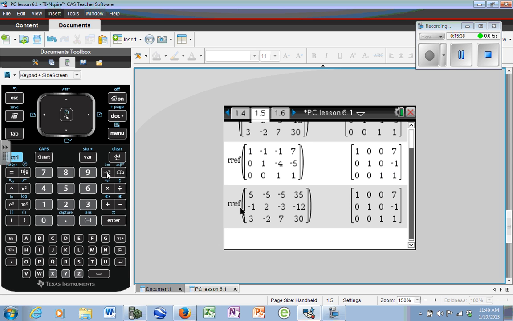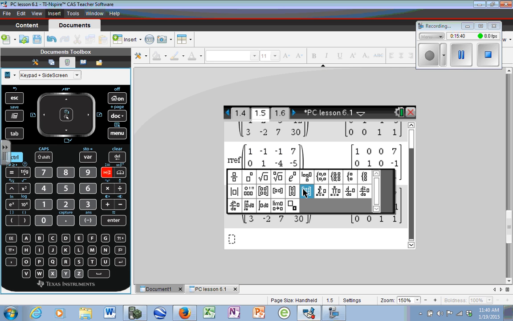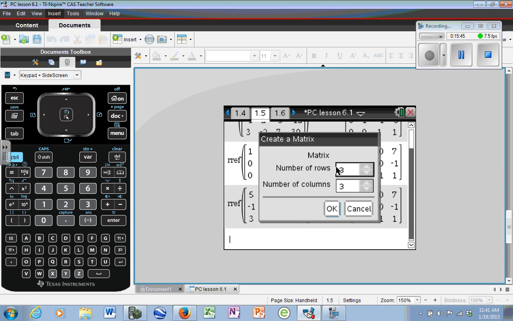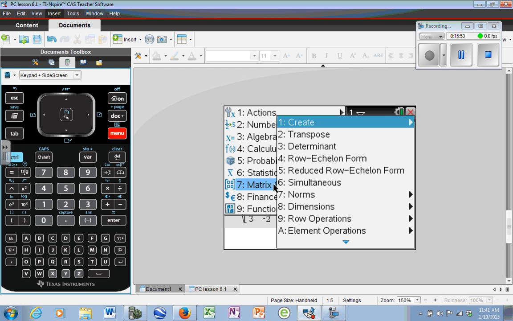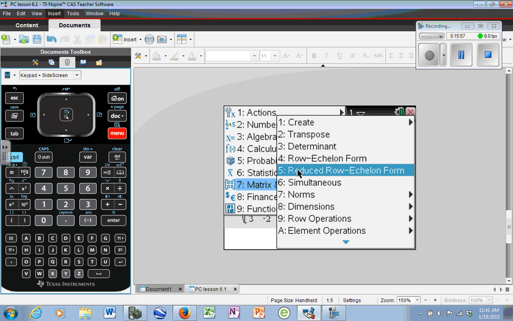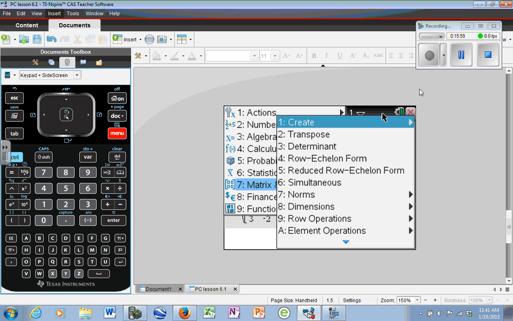Remember, your magic button is right here, and it's this big one here where it's a 3x3. You click on that, and it allows you to pick how many rows and columns that you'd like to use. Reduced row echelon form, and row echelon form, you go menu, you find matrix, and you pick either number 4 or number 5. There you go. Have a nice day.